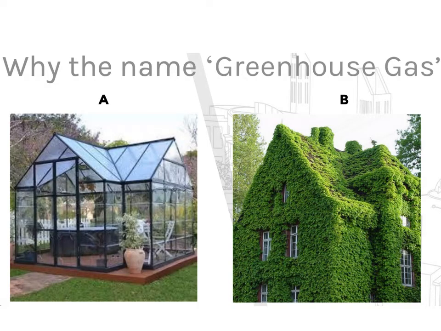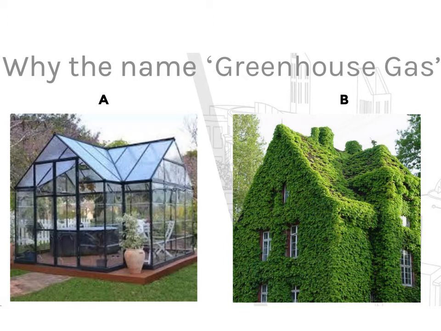Why was this name given? Usually in western countries and cold countries, with a temperate climate, because of too much chilling, the plants dry up. So to grow tropical plants, they create glass structures. So the glass house is called a greenhouse. What it does is prevent the radiation from going back, because it reflects it back. So inside the greenhouse or glass house, the temperature is much warmer compared to outside.